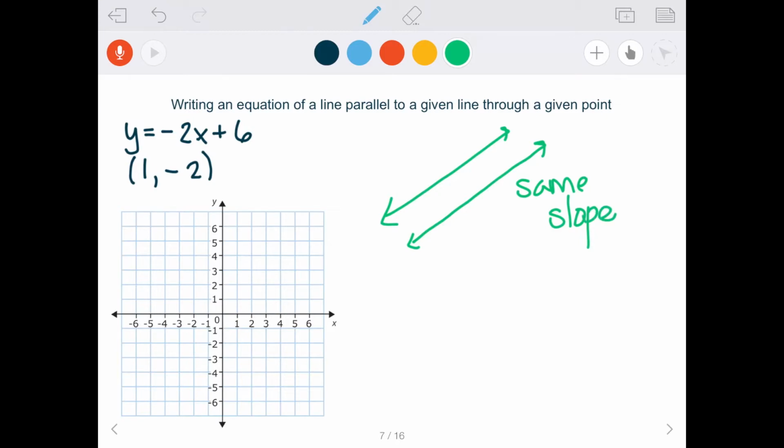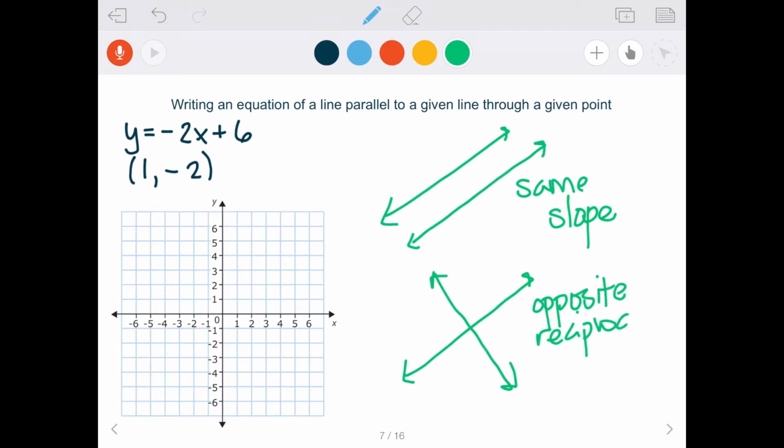Perpendicular lines do cross, and they cross at an exact 90-degree angle, and they have opposite reciprocal slopes. So for parallel lines, if the slope of this top line was -2, the slope of the second line is also -2.